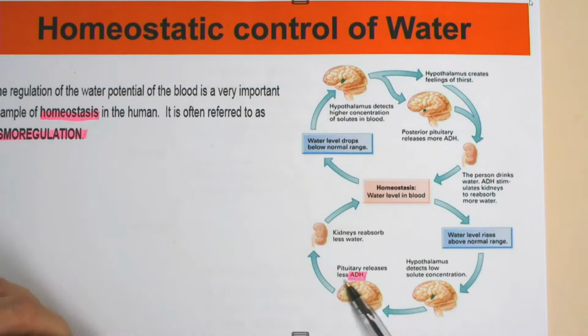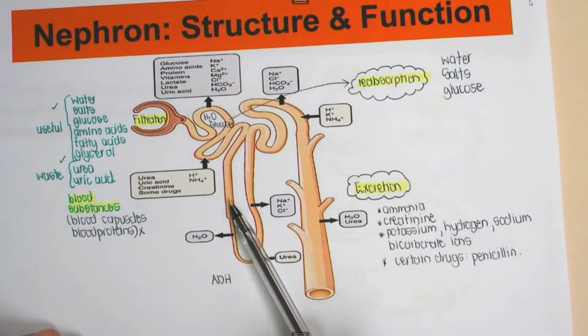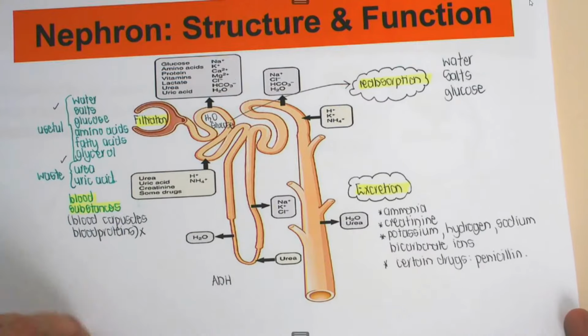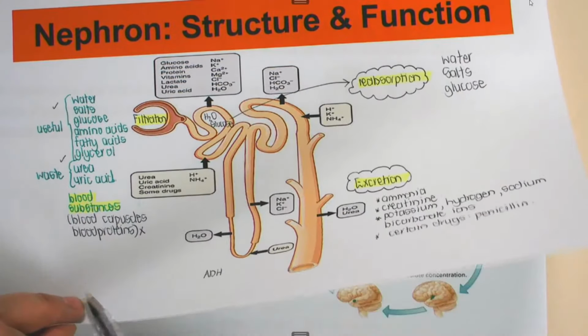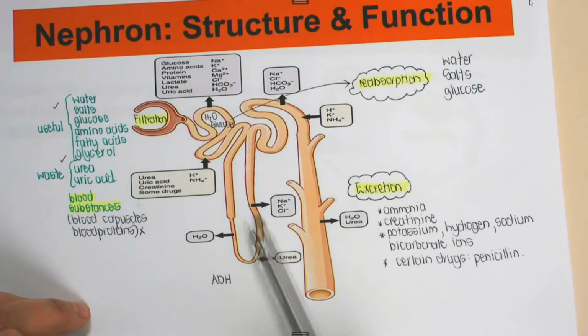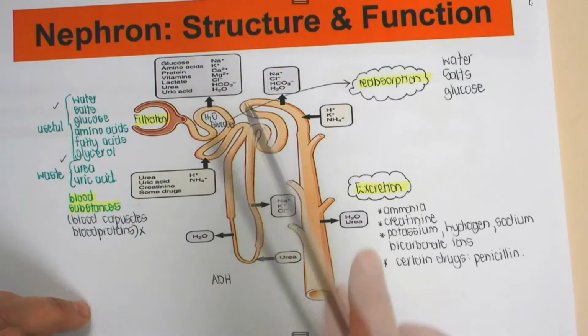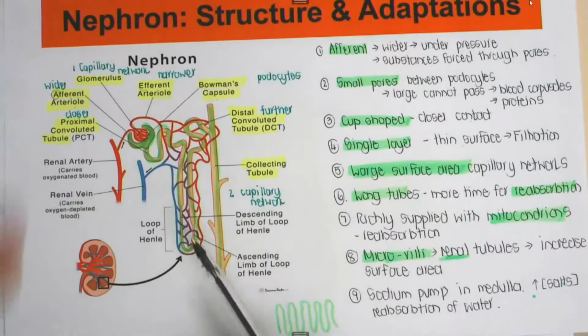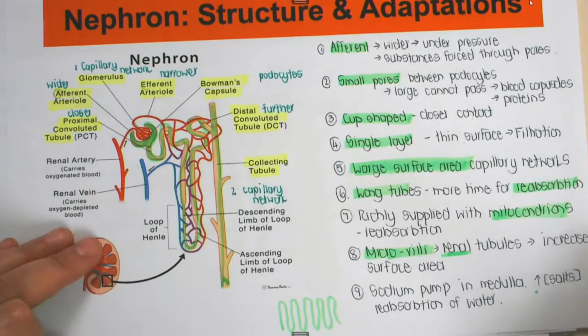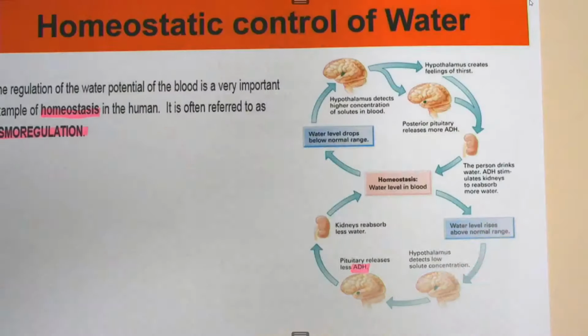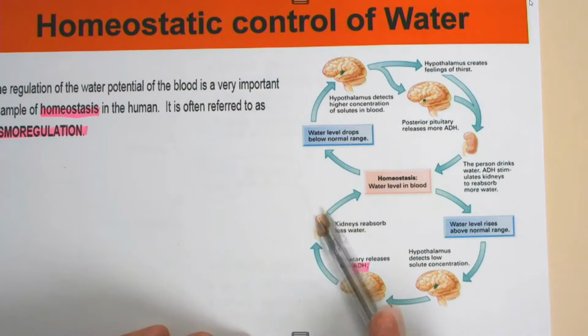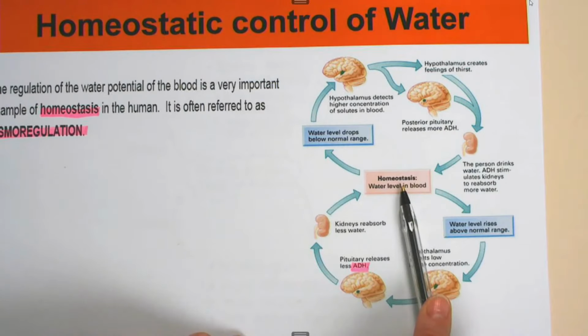So now we want less ADH, so the kidneys reabsorb less water. In other words, here in the tubes, less reabsorption takes place. The membranes will not be as permeable. So less water will be reabsorbed to go out through the urine. It stays in the tubes and then it goes into this blood network. It's reabsorbed by the body to be used again, and then the water level goes back to normal.